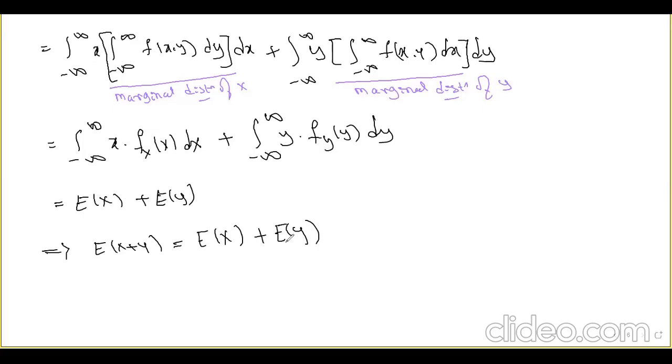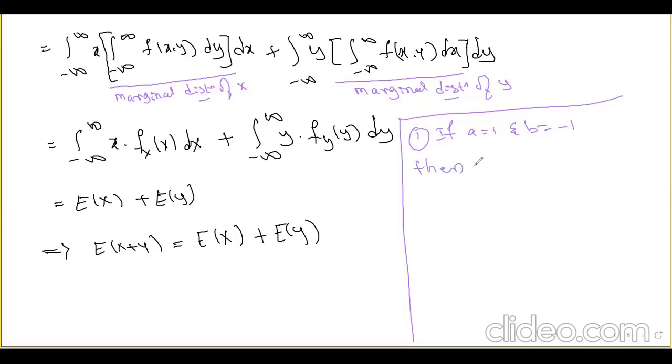Regarding this, we have some remarks. The first remark: if a equals 1 and b equals -1, then the expected value of ax plus by is equal to a into expected value of x plus b into expected value of y, by our one-dimensional expectation.